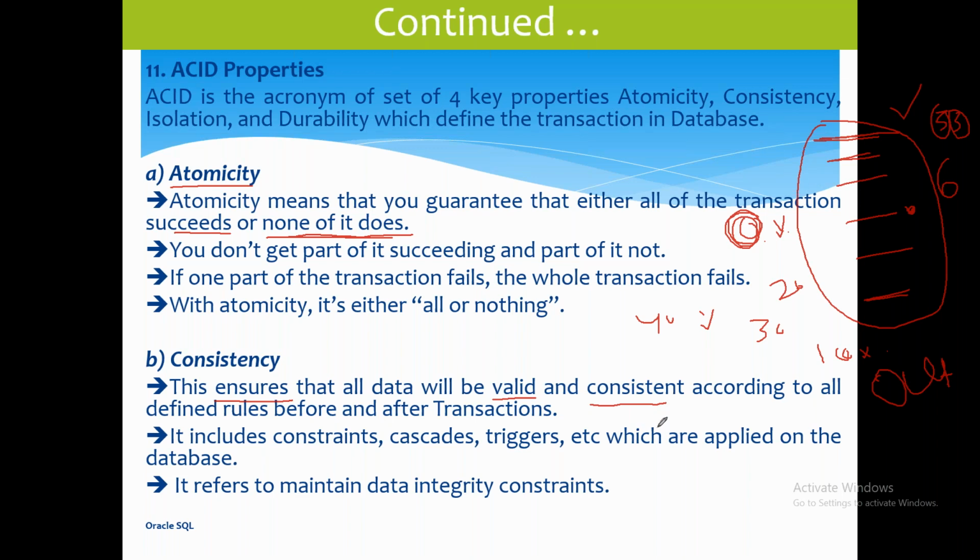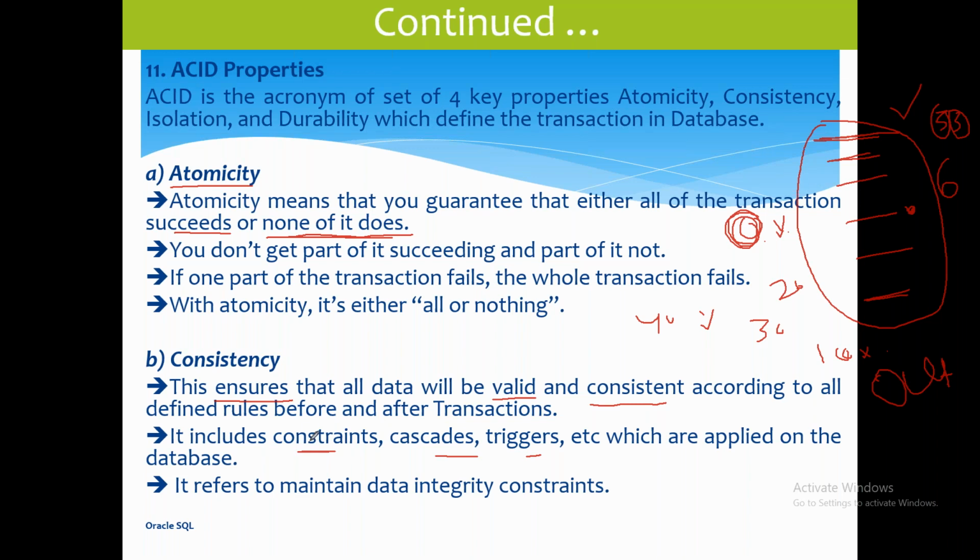Few rules are there. To implement those rules, some concepts are there: constraint, cascade, trigger, and some others. We can see all those constraints and other things. Using all those concepts, data will be filtered in a very good way. Valid information will come; junk information, duplicate information, invalid information, inconsistent information will not come. That is one very good rule, or very good property, of the database.